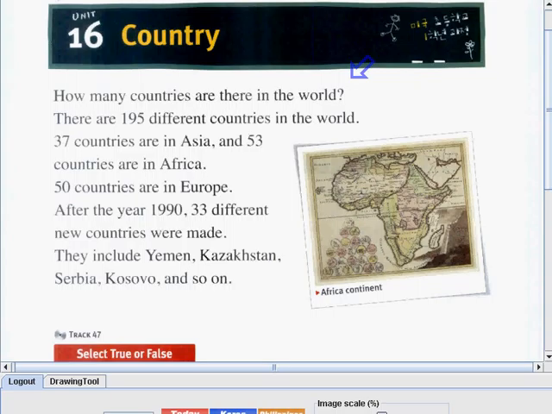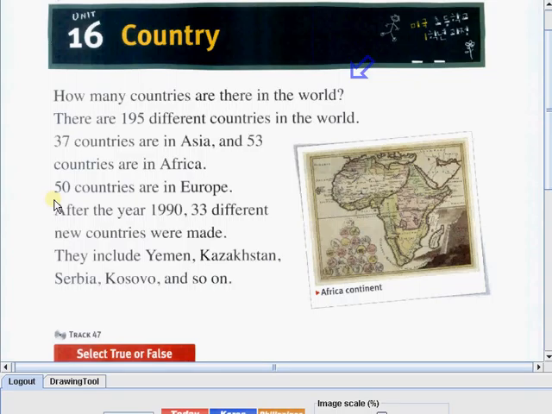Well, did you understand our passage for today? Okay, let's have a quick review. Here it says that there are 195 different countries in the world. 37 countries are found in Asia, 53 countries are in Africa, and in Europe there are 50 countries.